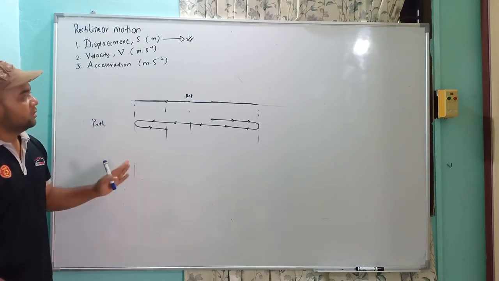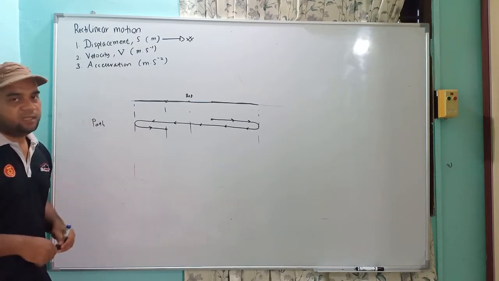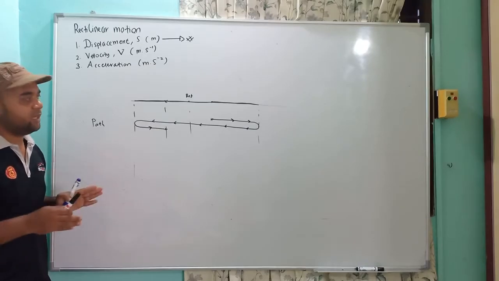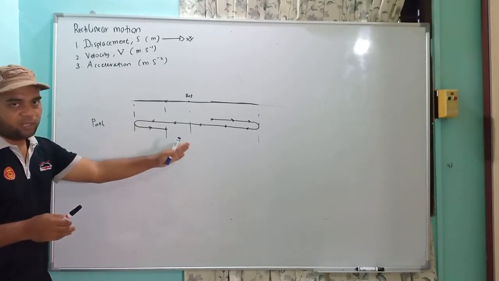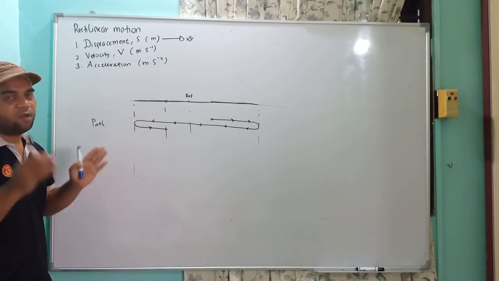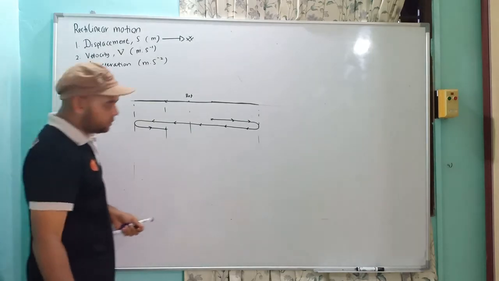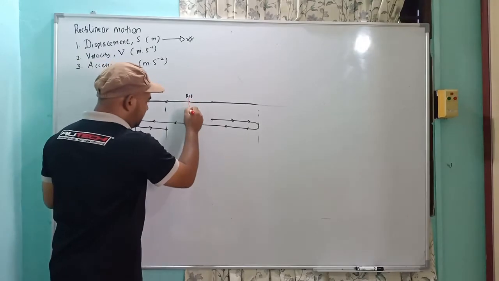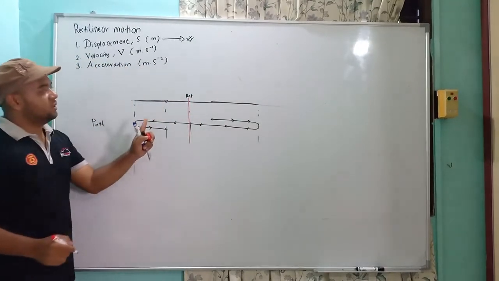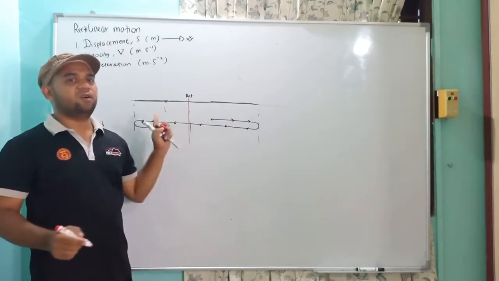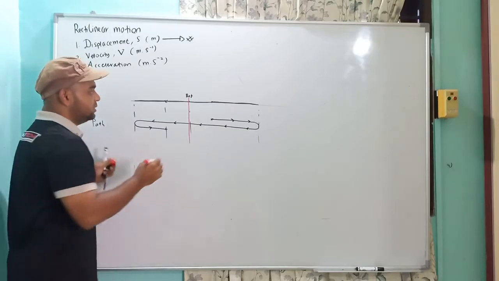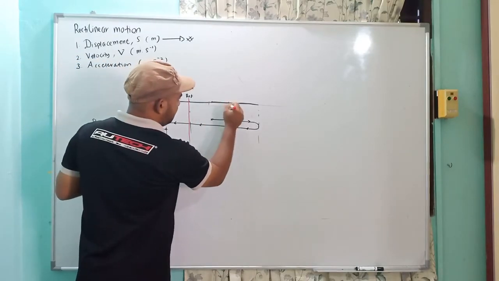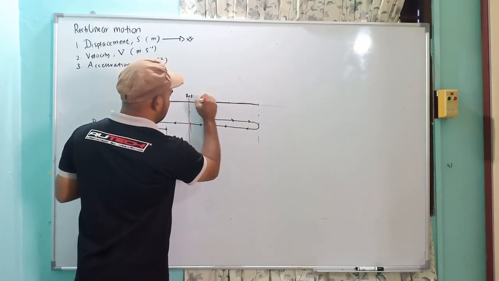What we call displacement is the measurement of how much this component is displaced from a reference point. So this is our reference point, and we need to measure how much this point is displaced from it. Let's say each step here is 1 meter.